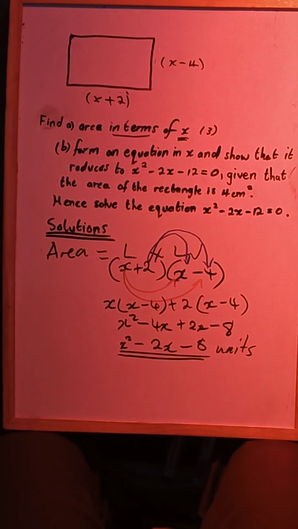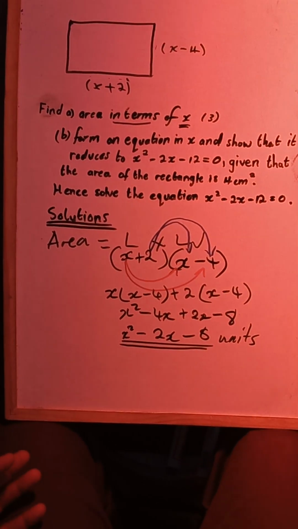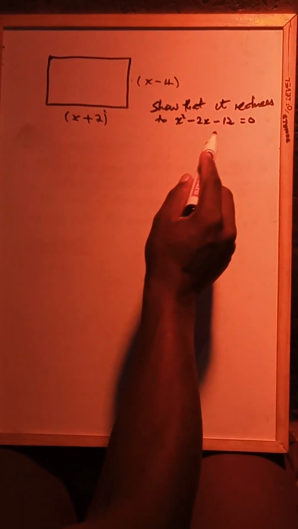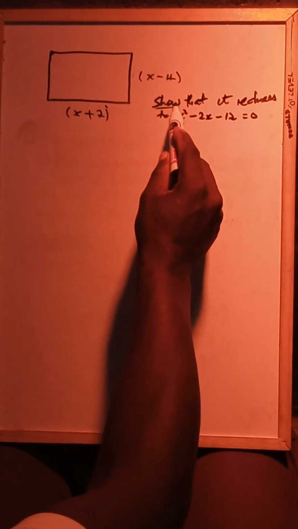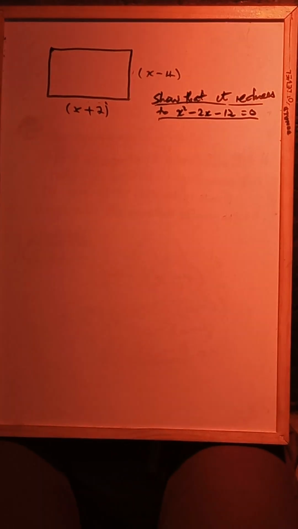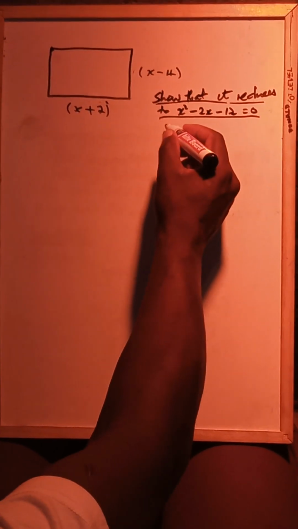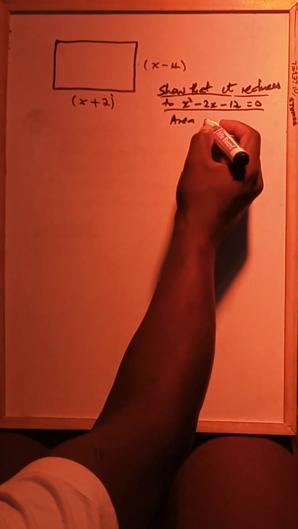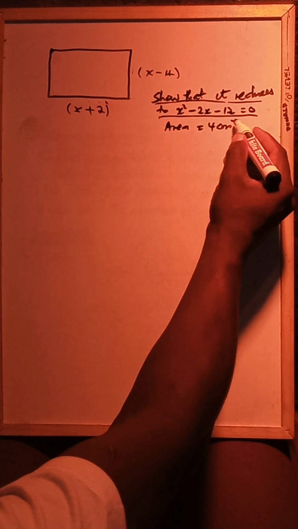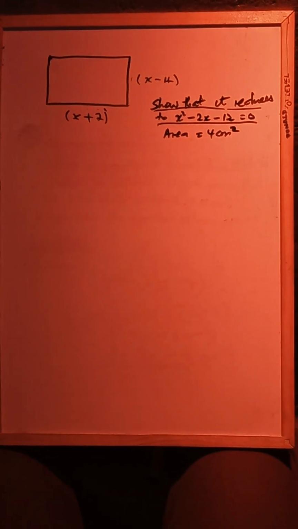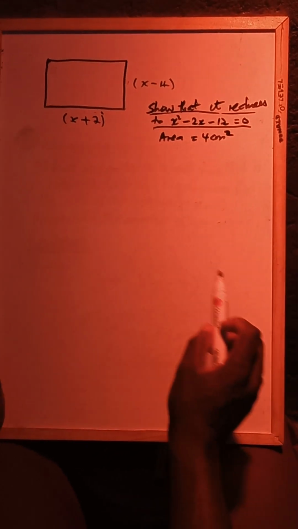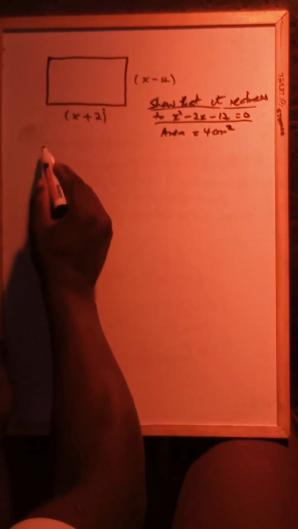Let's go to the second part of the question. Now the question asks us to show that it reduces, given that the numerical value of the area is equal to 4 square centimeters, right? So we use the same approach as when finding area.